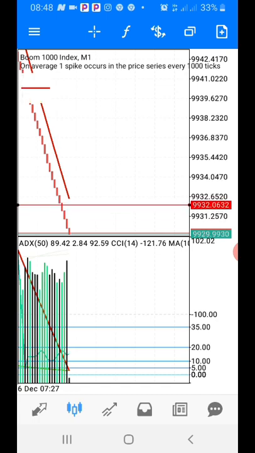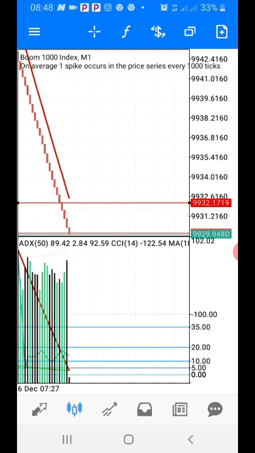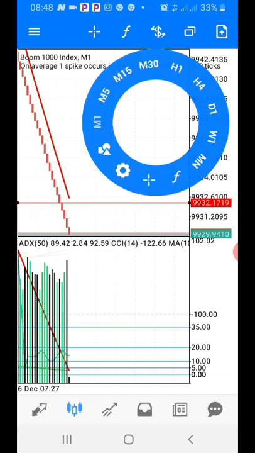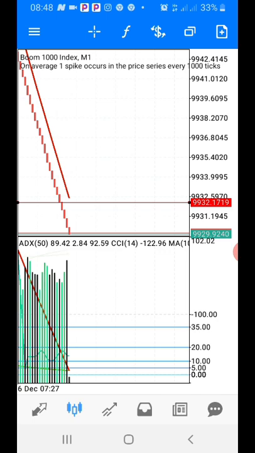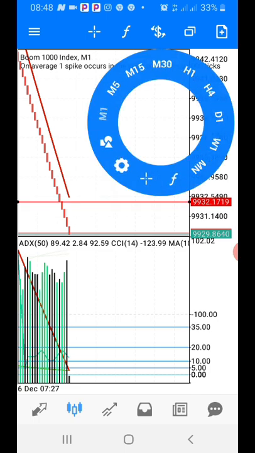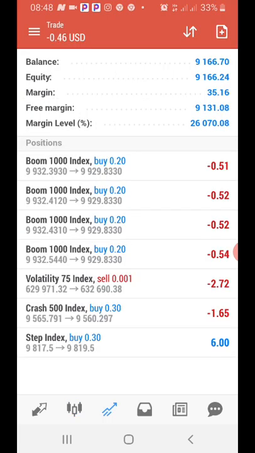It's just 1, 2, 3, 4 candles right now, so we still have 16 more candles to wait for. If it doesn't spike, then I'm out of the trade.